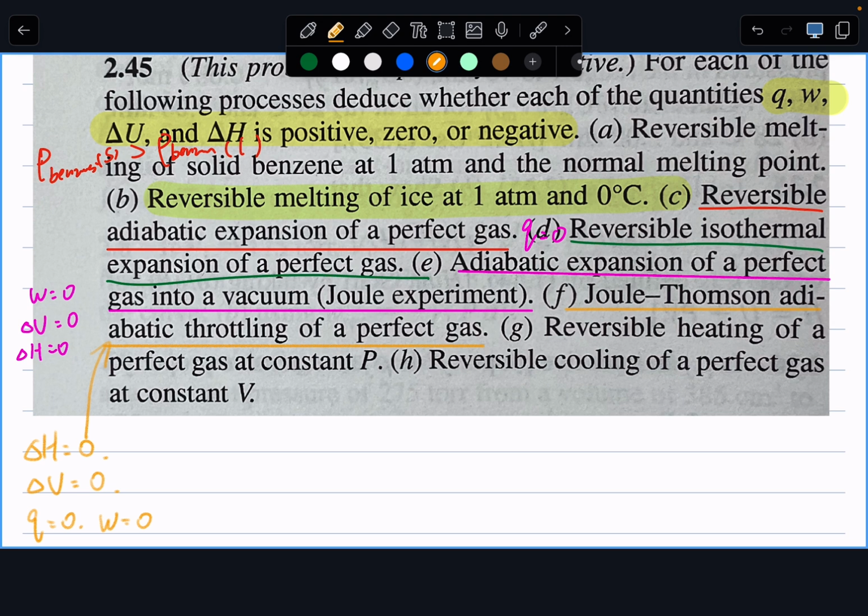Yes? Can you explain why work equals 0 again? So in the Joule-Thomson one, remember, we did that derivation together to demonstrate that the Joule-Thomson experiment is a constant enthalpy process, meaning delta H equals 0.